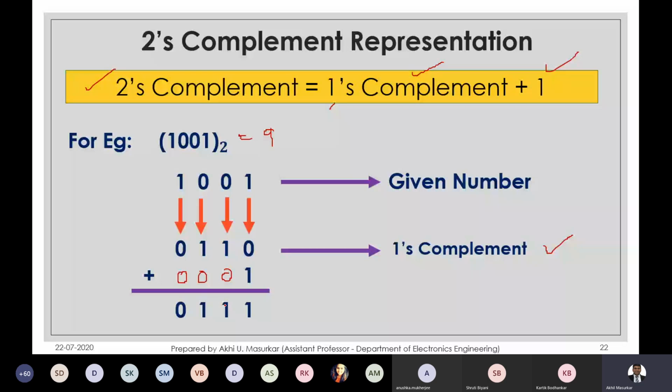I want you all to keep that addition table in front of you when you are looking at binary addition. So this is the 2's complement of this binary number.